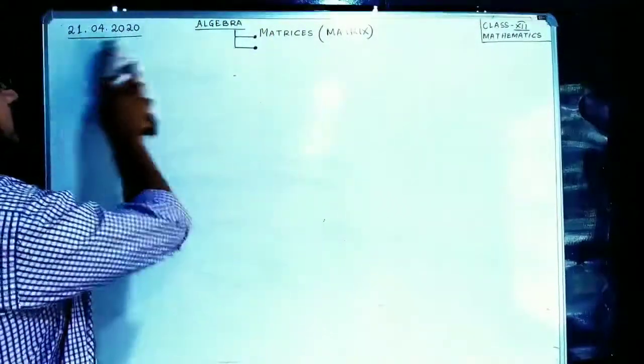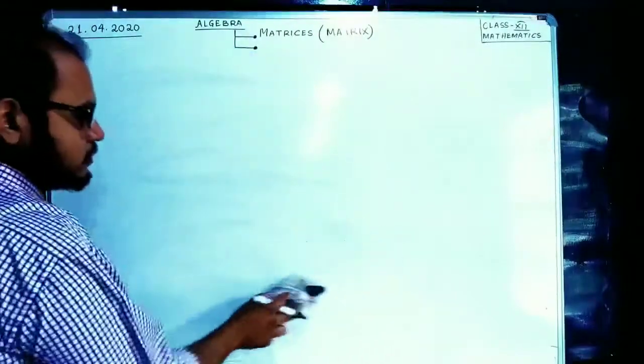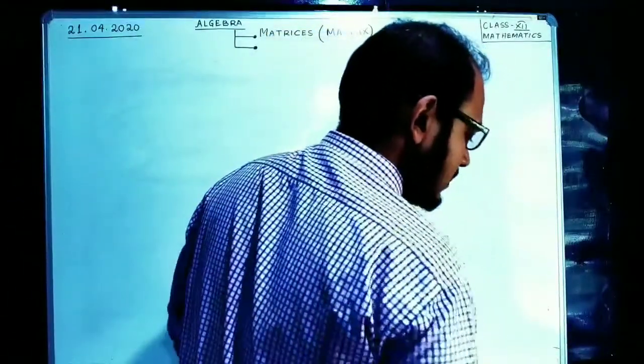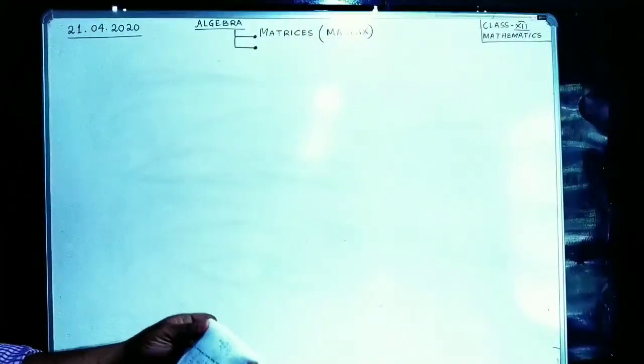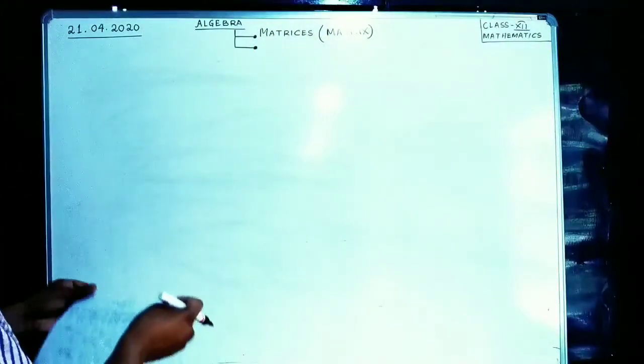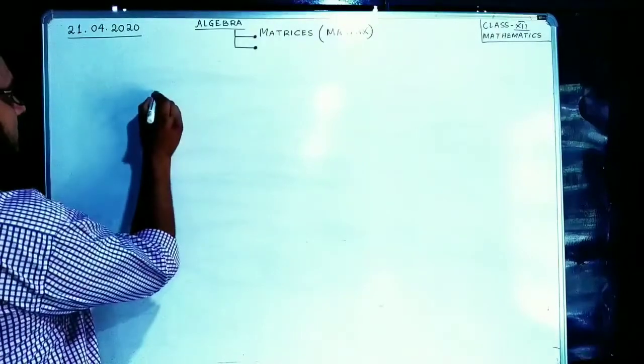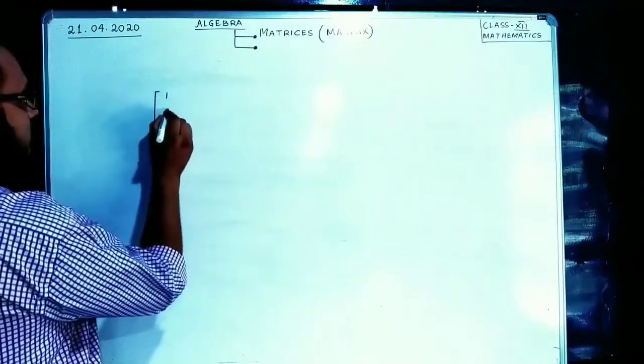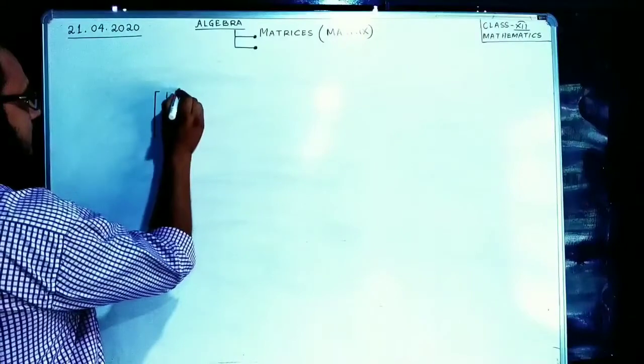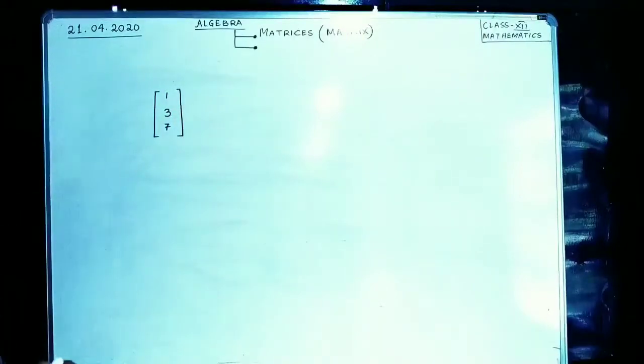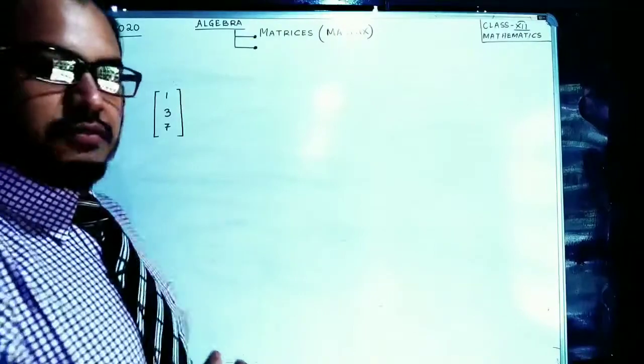Now this is clear to you, the rows and columns of any matrix. Now let us see if you can find out how many rows and how many columns this matrix has. For example, let us say we have a matrix 1, 3, 7. Can you guess how many rows and how many columns does this matrix have?